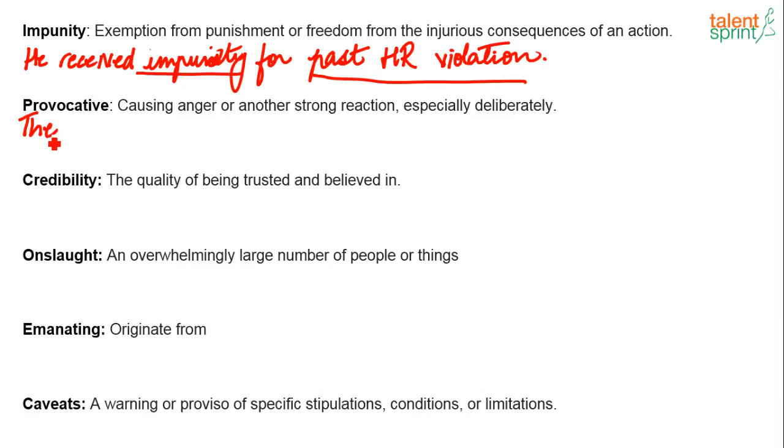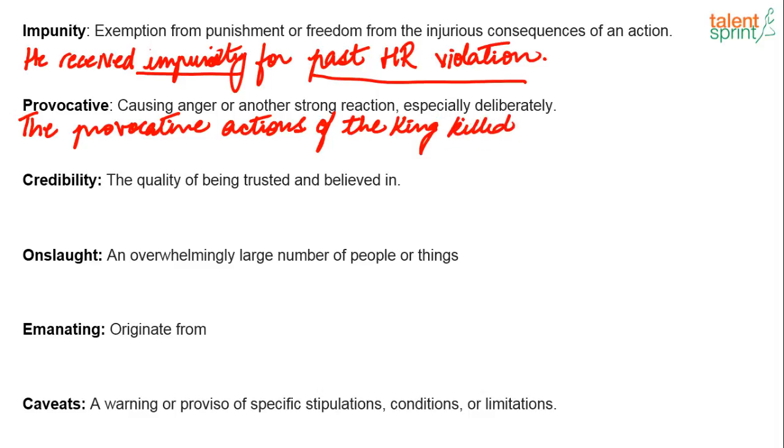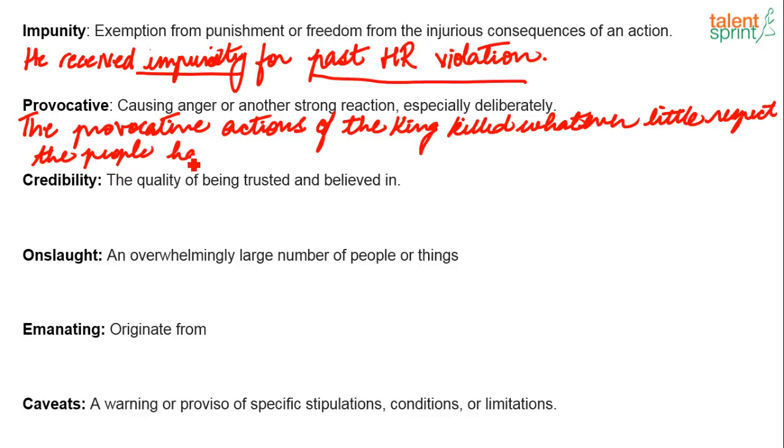The provocative actions of the king killed whatever little respect the people had for him.